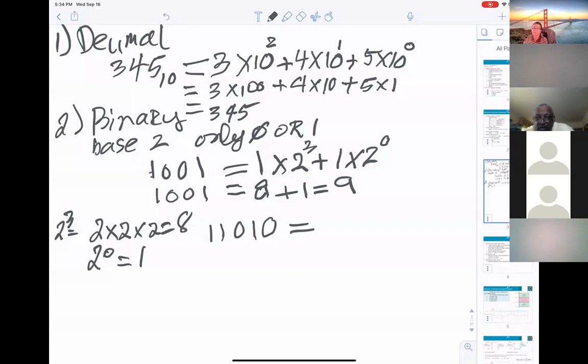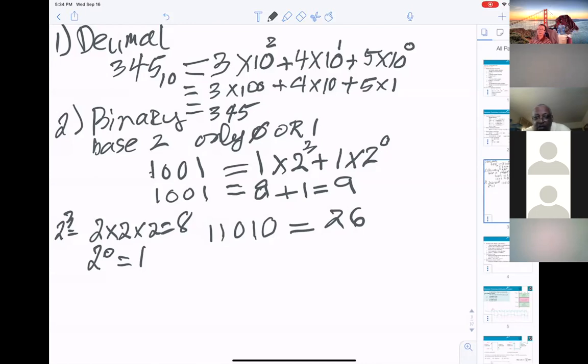See what you get. 26. Okay, one person gets number 26. Did you guys get the same or no? 16 plus 8 plus 2, right? I don't care, just tell me what number you get. Yes, that's correct, 26.